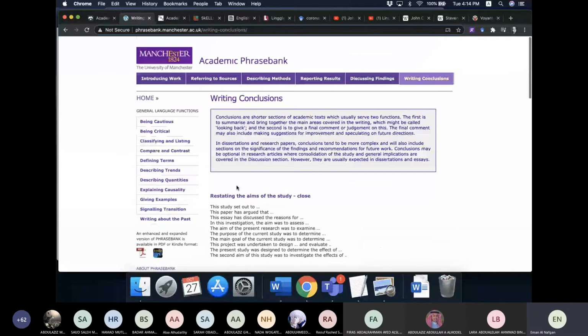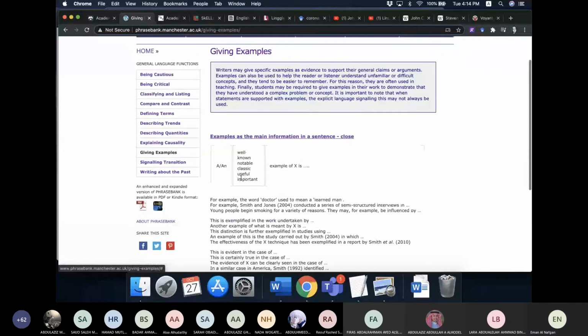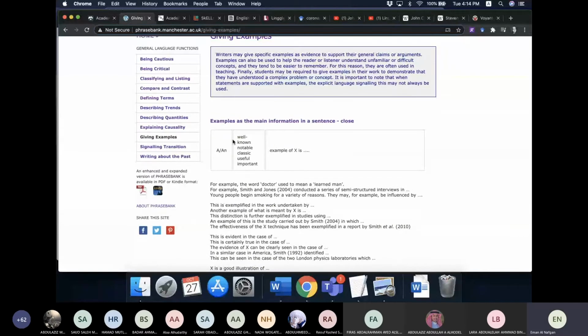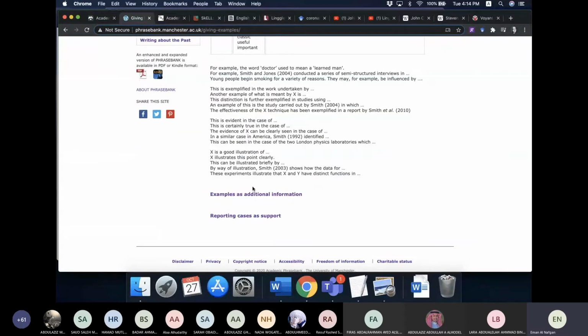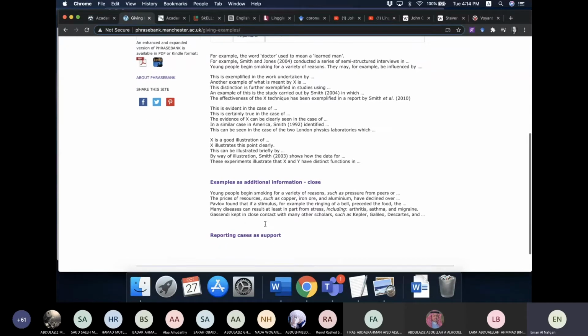All right, giving examples. So instead of saying, "for example," as the main information. So if in your sentence, the whole point of the sentence is the example, here you have sentences to do that. If you want to tack it on to the sentence, then you have these examples, okay?